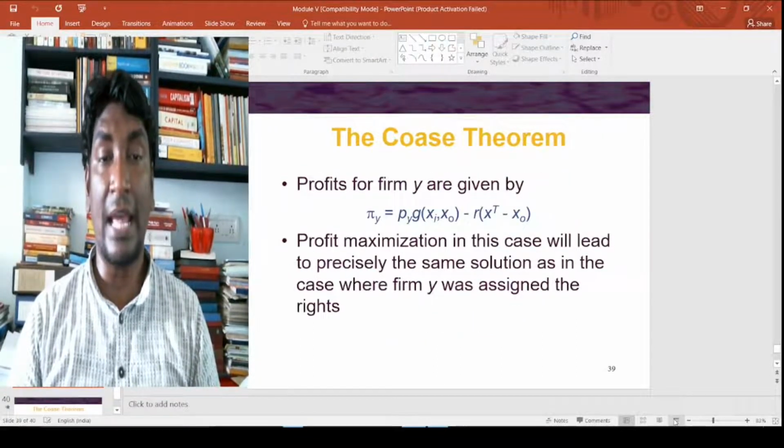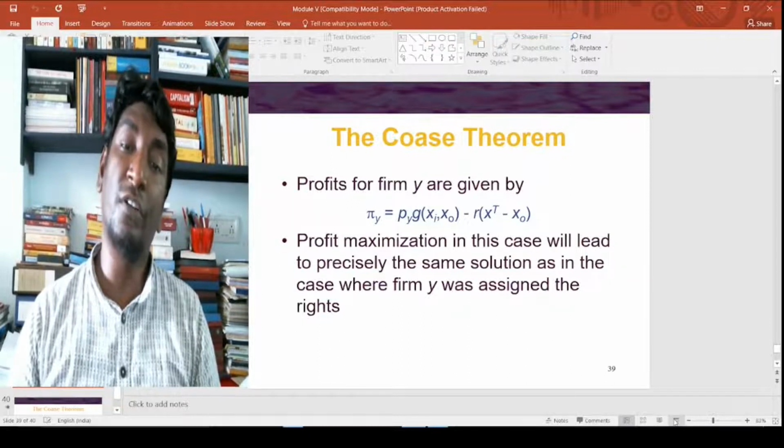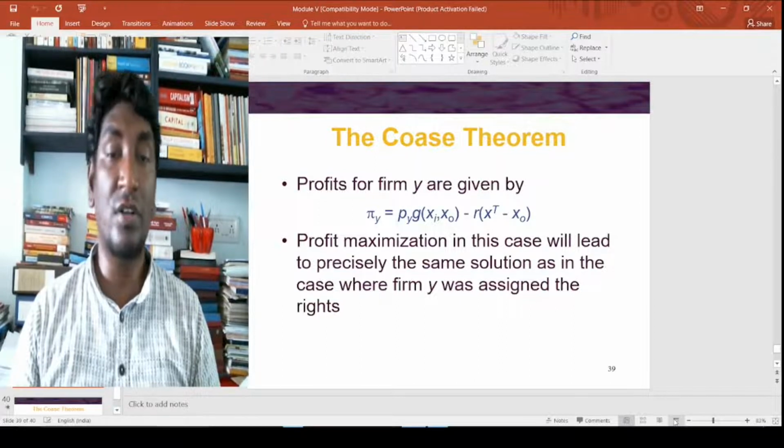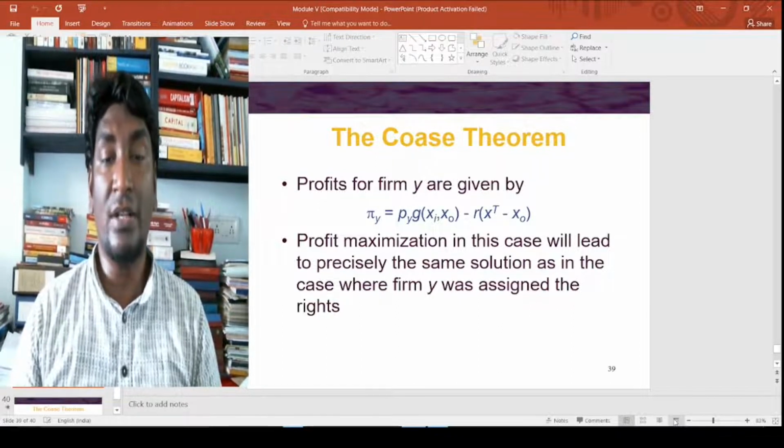So we have a tax case, and the profit for firm Y is given after tax deduction, whatever you pay would be the profit which you have.